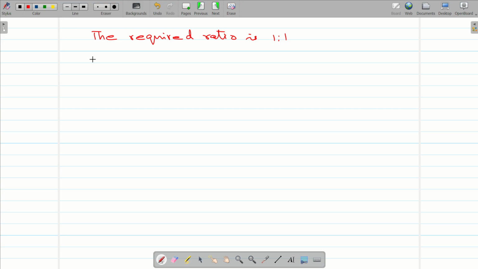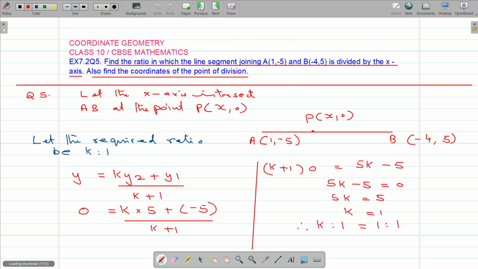Now the coordinates of the point P we have to find out. P is the midpoint of AB.